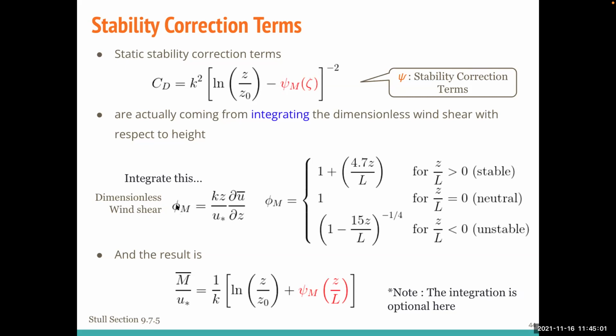Then we do integration on the right-hand side, which is pretty easy. And then what you find is your wind profile over height, which is also changing according to the stability condition.